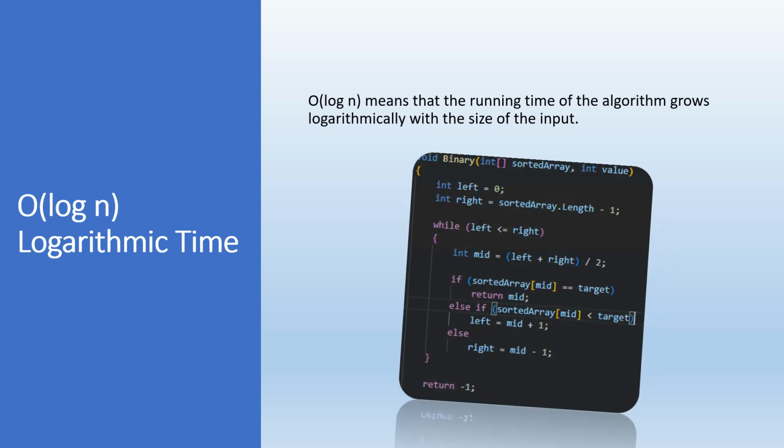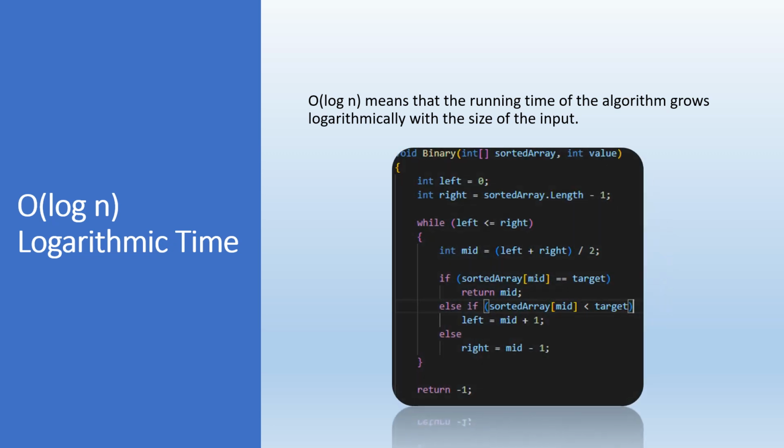You might know that if you have a sorted array and want to find an element in it, you can use binary search. When you pass a sorted array, it finds the mid element and sees whether the value you are trying to find is greater than or less than the mid element, and based on that it adjusts the left and the right.